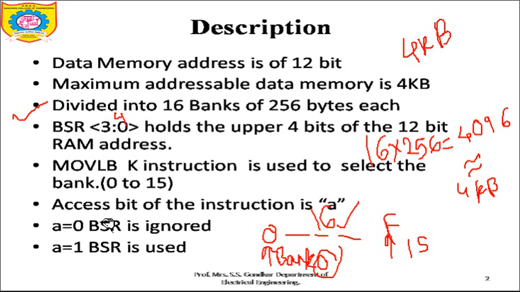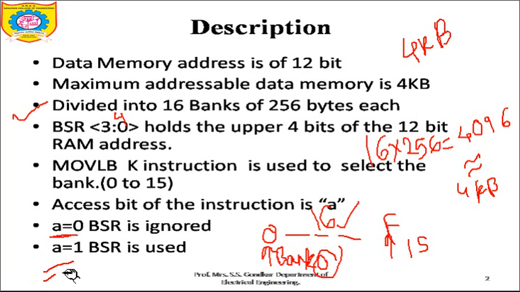Again, an important thing to be noted is that there is an access bit in the instruction that is called A. See, this is a small a. Notice it properly. When small a is 0, BSR is ignored, which means we have to use the access bank.